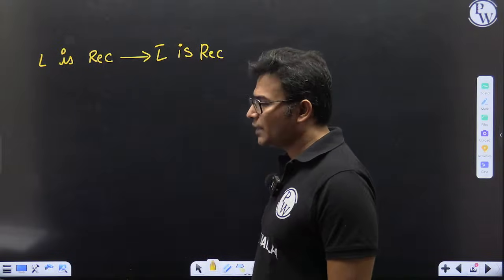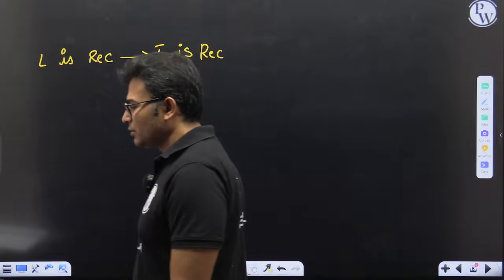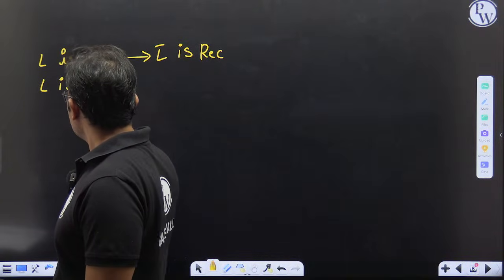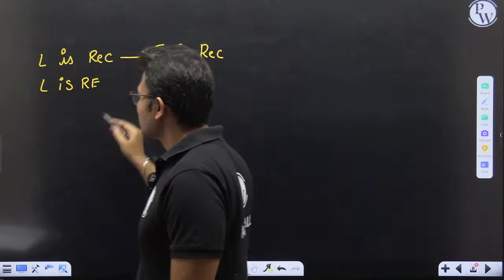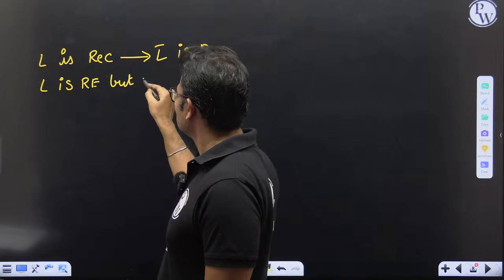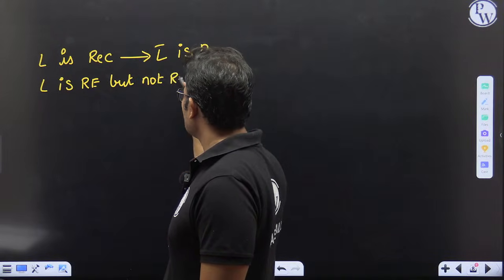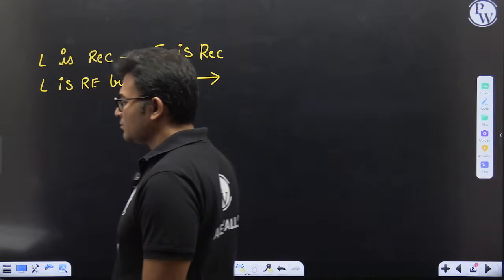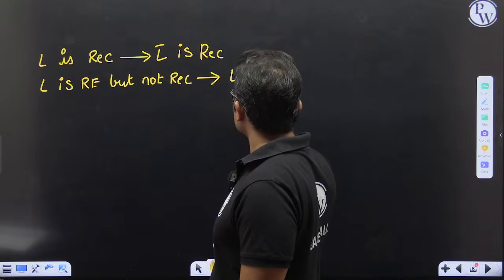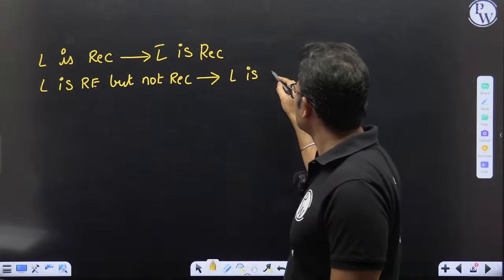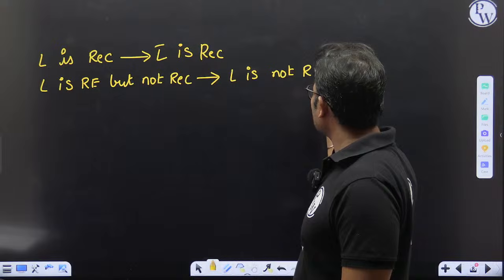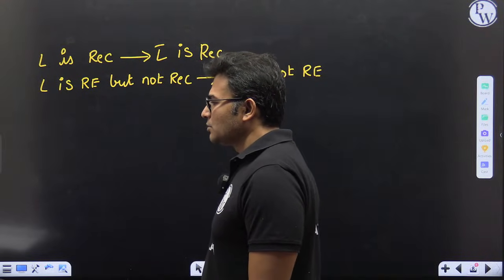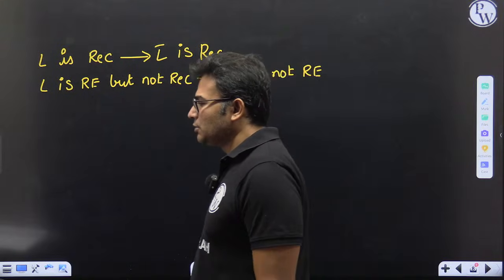L is recursively enumerable but not recursive implies L complement is not recursively enumerable.